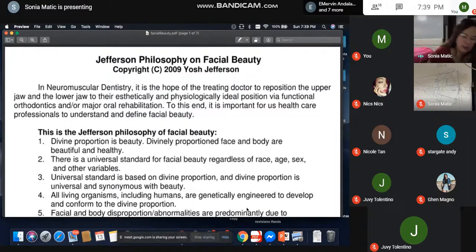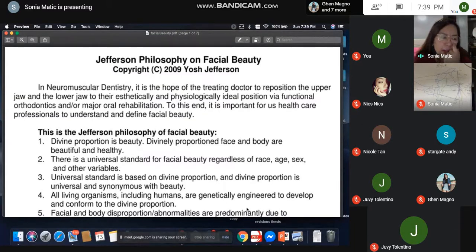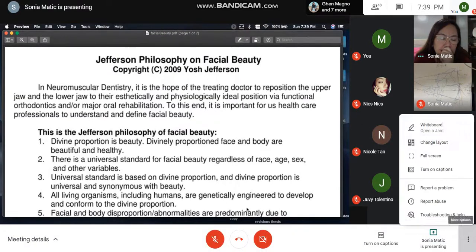Get another tracing, which is the Jefferson. This is a modification of Sassouni. So very practical.